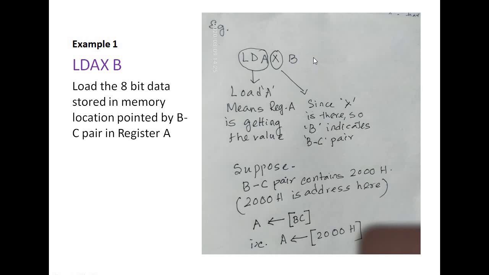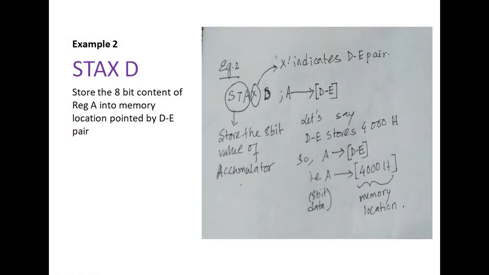A memory location contains what? 8-bit data. So 2000H contains some 8-bit data, and that 8-bit data will go to register A. The register pair we are using here to indicate the memory location 2000H is BC. So you are getting the data through the whole process indirectly, hence the name indirect addressing mode.